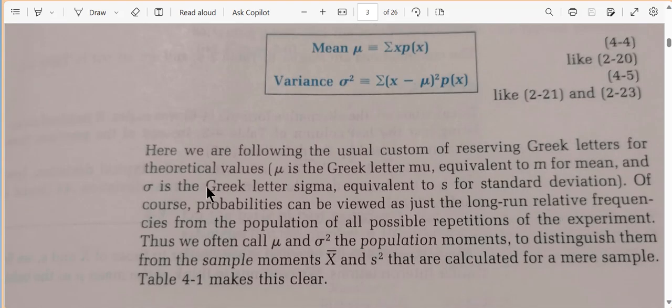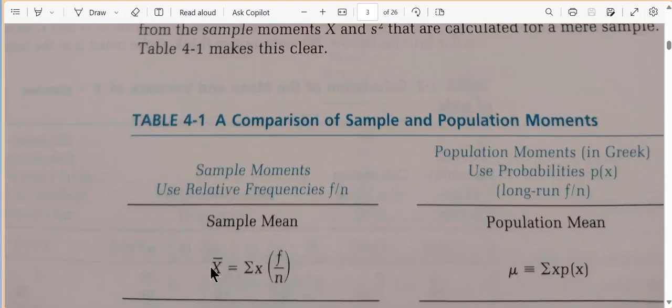And here they say, we are following the usual custom of reserving Greek letters for theoretical values. Mu is the Greek letter mu, equivalent to m for the mean, and sigma is the Greek letter sigma, equivalent to s for standard deviation. So here they're saying we use this for the sample mean of just some data.